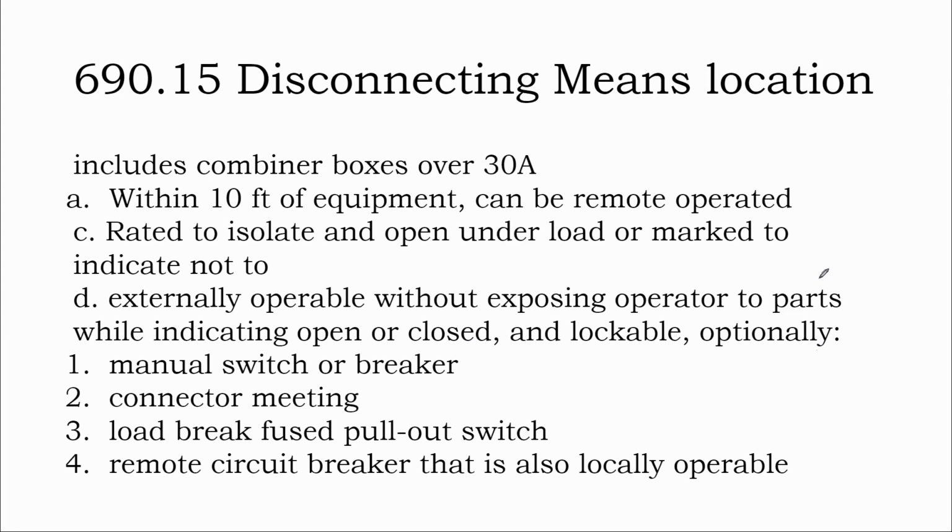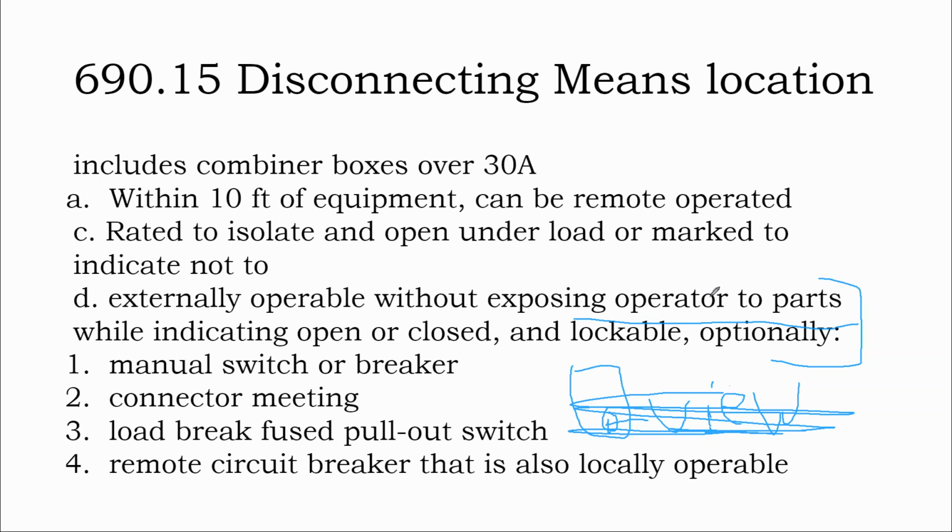Some jurisdictions take this too far and they say we need to be able to view the disconnect without being exposed to operator parts. And so you need a disconnect switch with a little window in it so that you can look inside the disconnect switch and see it. That's not part of code.